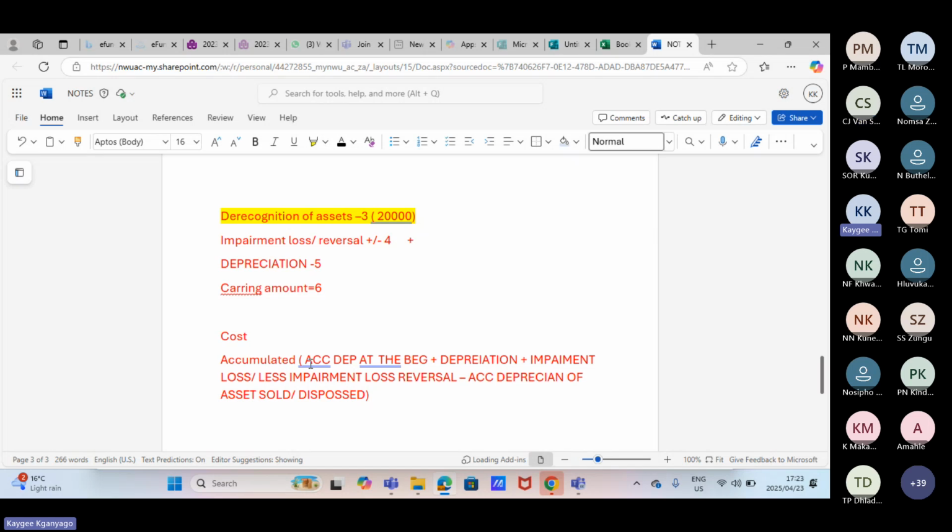So I said it's opening accumulated depreciation, plus depreciation for the year, plus impairment losses for the year, subtract impairment loss reversals. Then I subtract the disposal or derecognized accumulated depreciation. This is the accumulated depreciation of the asset sold or disposed, but only until the date of disposal.